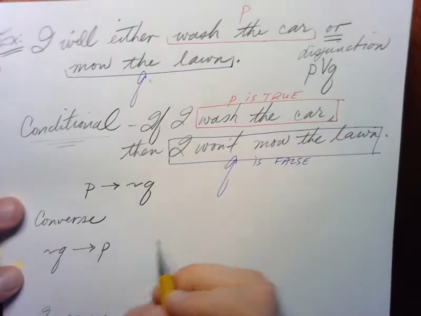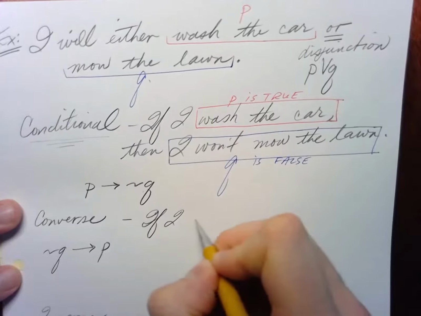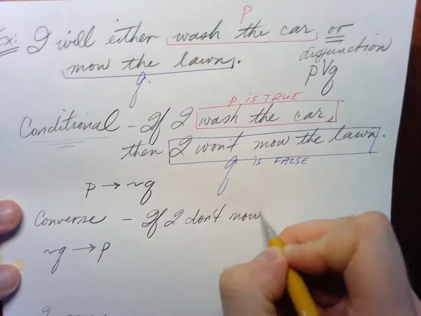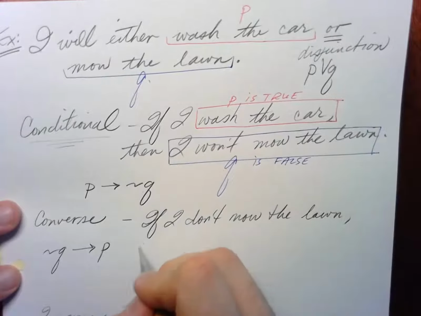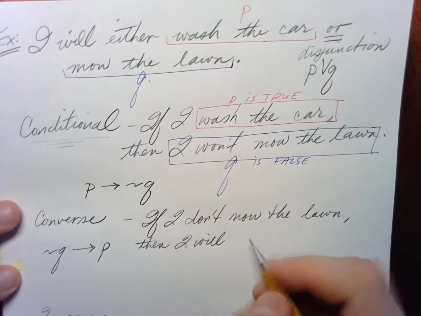So let's write these out. Not Q. So this would be if I don't mow the lawn, then I will wash the car.